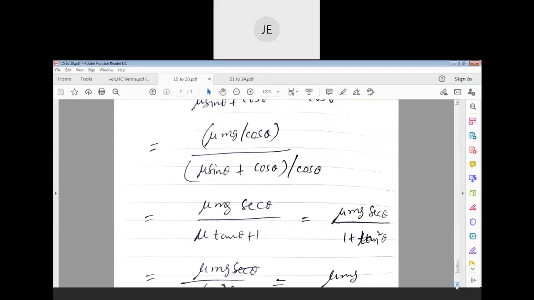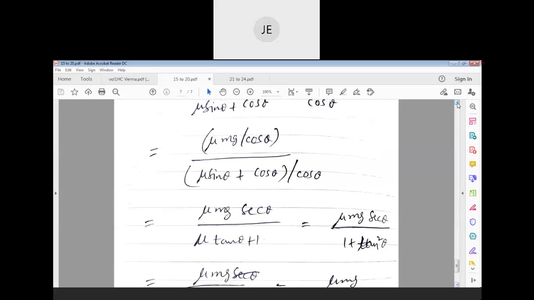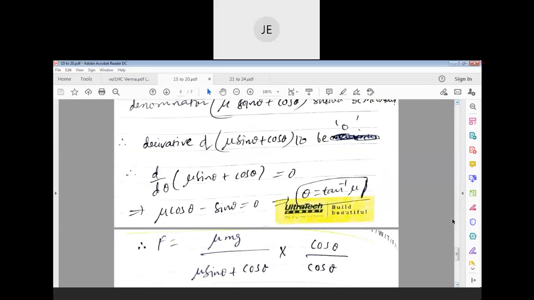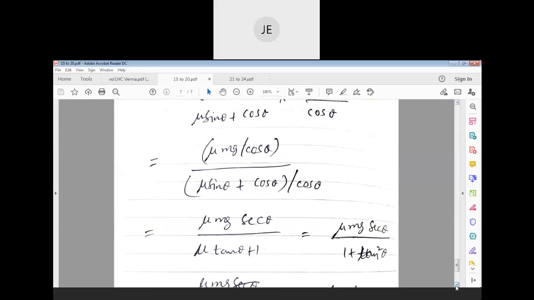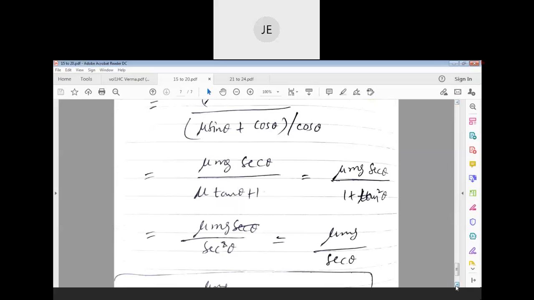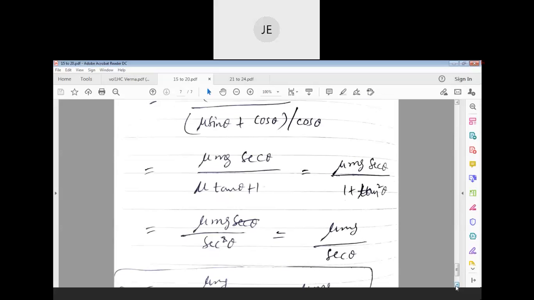Again, mu is actually what we got as tan theta. Mu is equal to tan theta. So if you substitute here, mu mg sec theta by (1 plus tan square theta). 1 plus tan square theta is nothing but sec square theta. So sec theta gets cancelled.